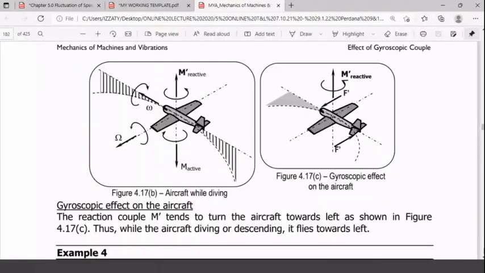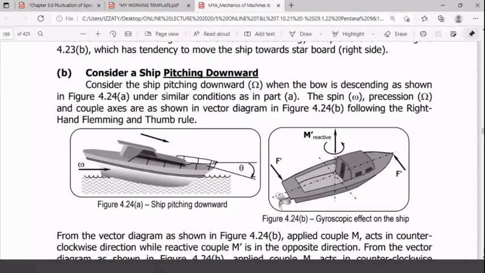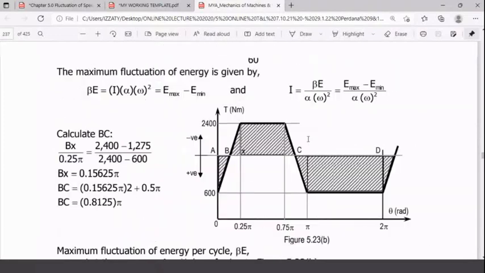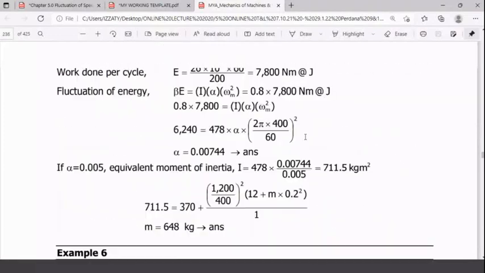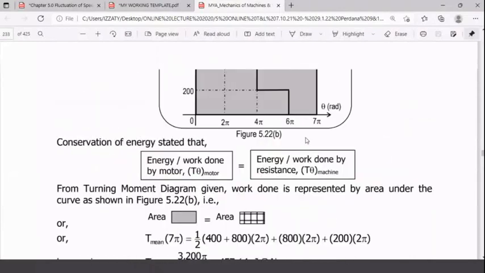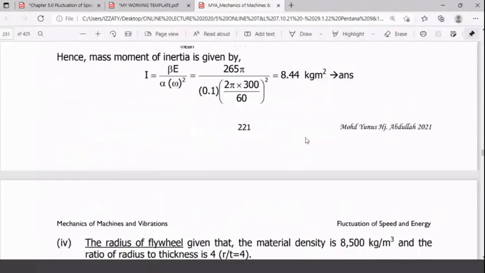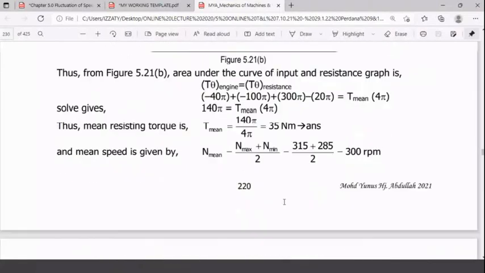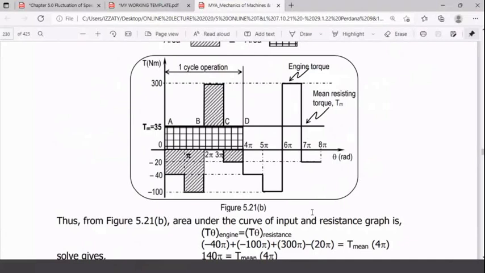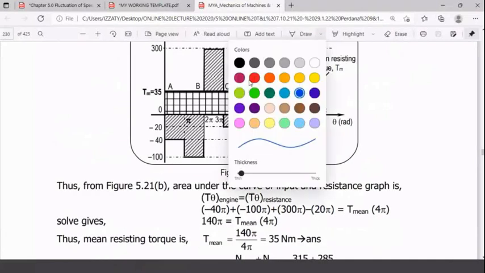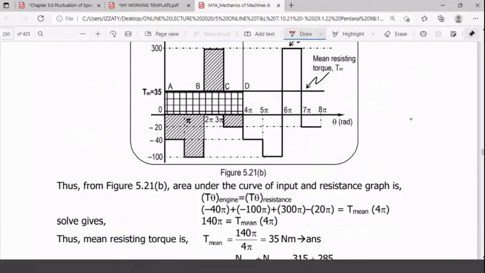You have a couple of examples you can run on your own during your free time, perhaps. You start here. Look at here, this one. Before that, you calculate every single equation, or even every single area. Look at your T mean, T engine is equal to T resistance.